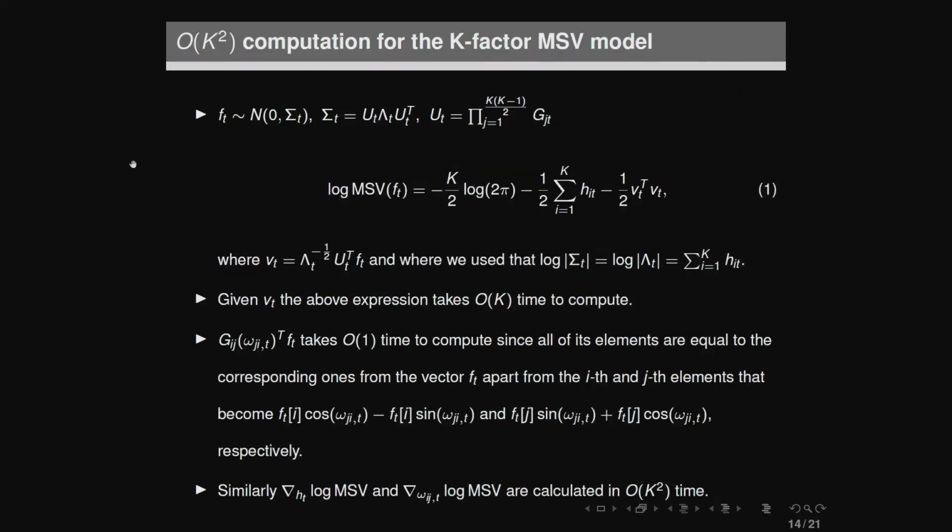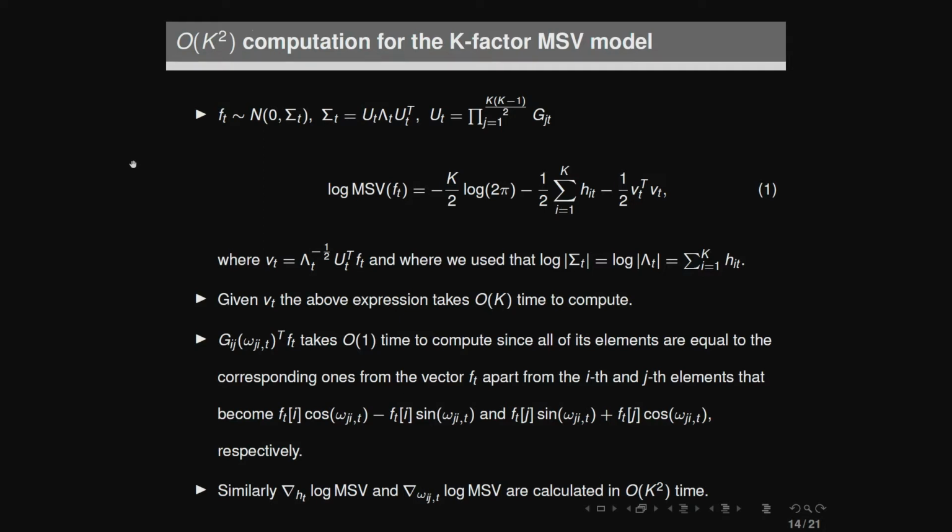Now, this is the Metropolis step. But in this Metropolis step, I need to calculate the likelihood. And the likelihood is a multivariate normal. So the next problem is that this multivariate normal has a cubic complexity. So I must find a way to do it faster.